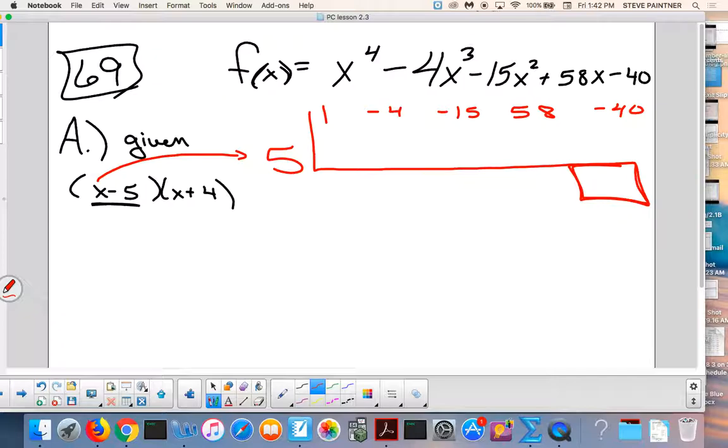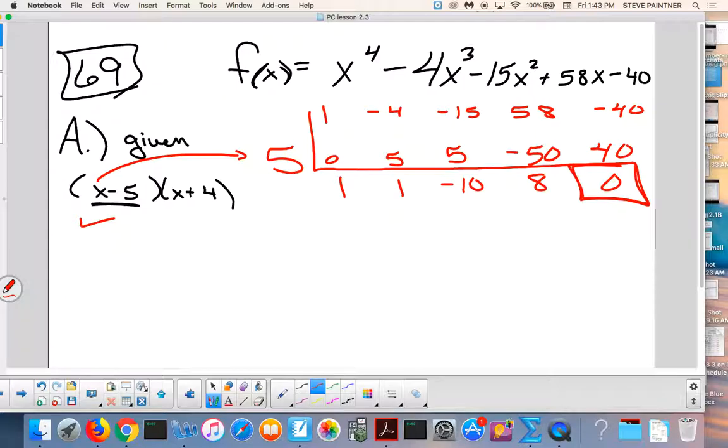Is 5 a 0? Let's see. I got it. Check. It is a factor. X minus 5 goes into that number evenly. Remainder 0. So it's a factor.